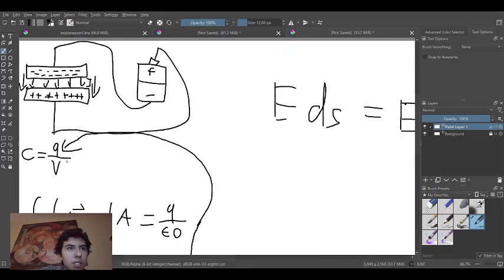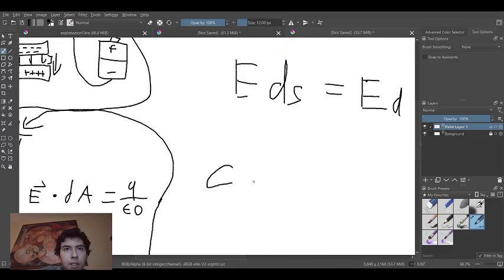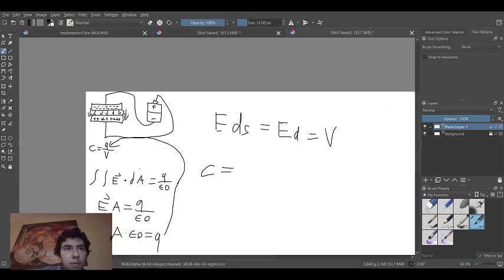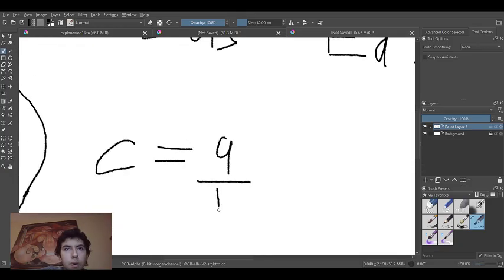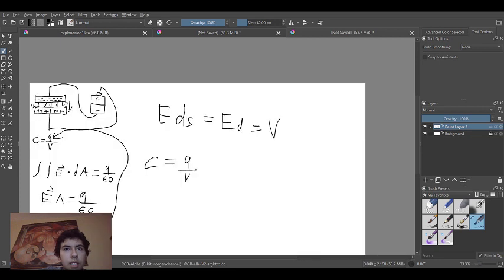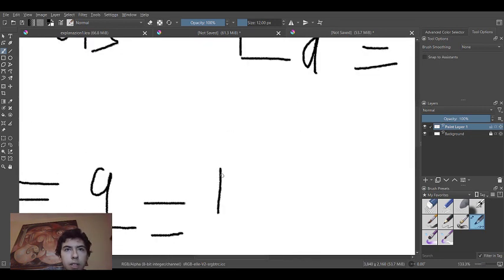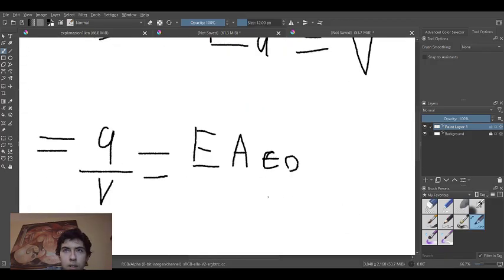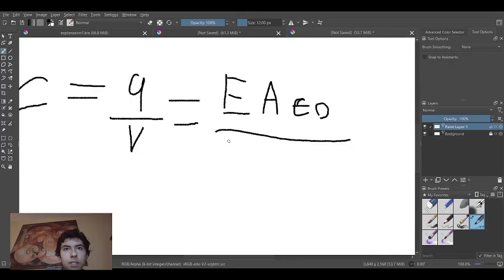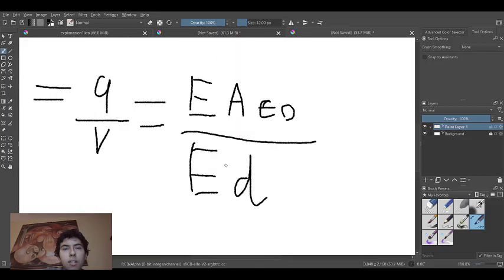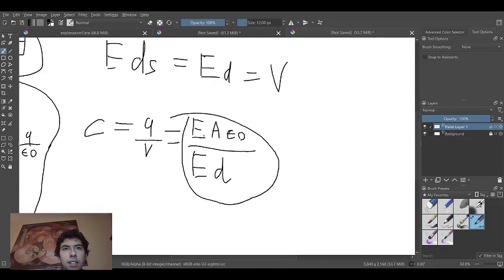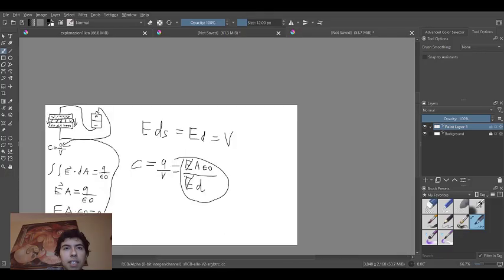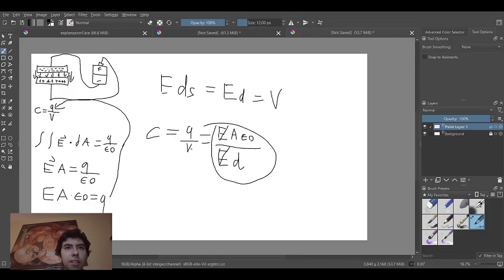So now that we have these two, we can take this. C equals Q over V, which equals, so Q was equal to E A epsilon 0, over V, which is going to be E, the electric field, times D. This is going to be our capacitance, but we realize that we can cancel the electric field because it's the same capacitor, so it's the same electric field.